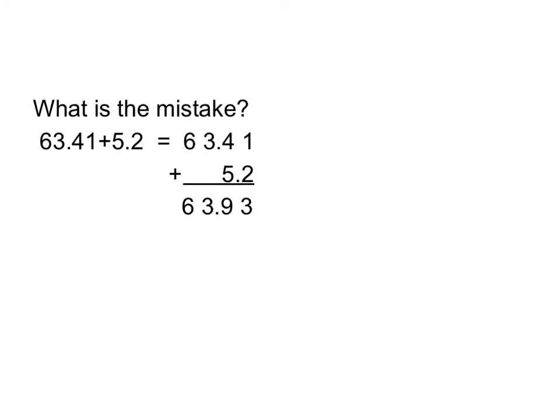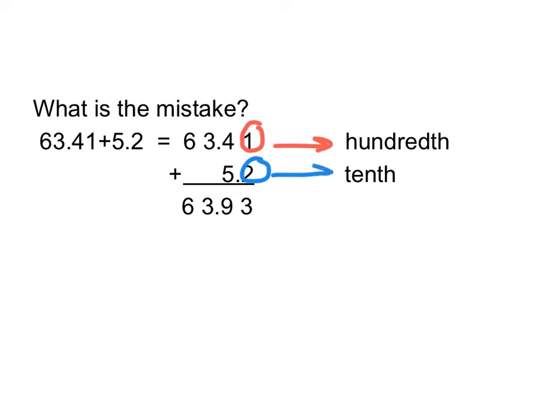Okay, so I want you to look at this problem and figure out where the mistake is. Okay, hopefully you notice that you're not adding the same units anymore. This 1 right here is actually in the hundredths place, but this 2 is in the tenths place.